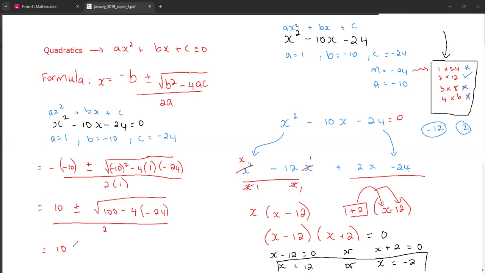So you get that 10 plus or minus the square root of, I need to multiply this first because BODMAS tells me to multiply. So that's going to be negative 4 times negative 24, and we'll get 100. Minus by a minus becomes a positive, so it becomes plus 96 all over 2.